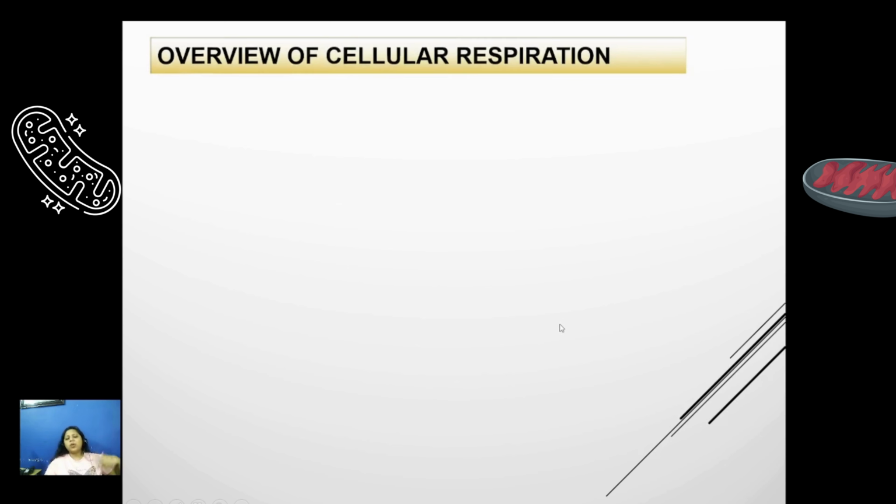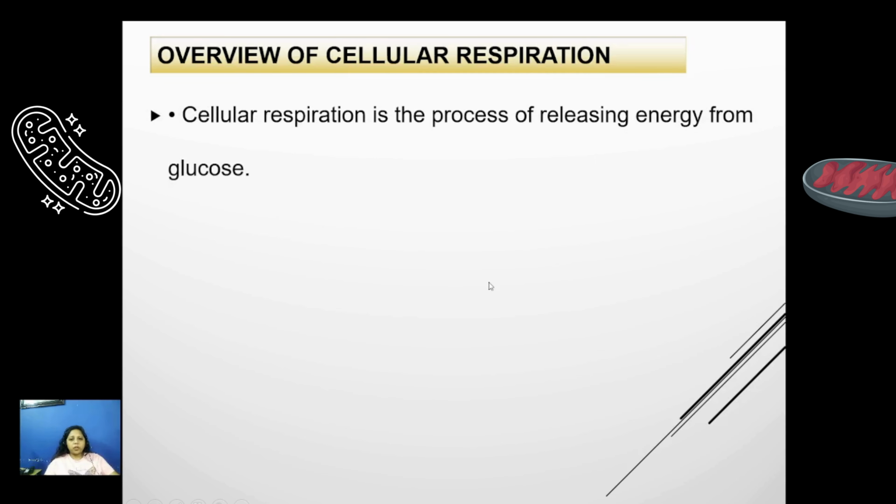Now let's go into an overview of cellular respiration. Cellular respiration is a process of releasing energy from glucose. When we were kids, we used to believe respiration is how we breathe in or breathe out. Later on, we discover that respiration is not breathing; it's the release of energy from the food that we take in, and this happens in many steps.